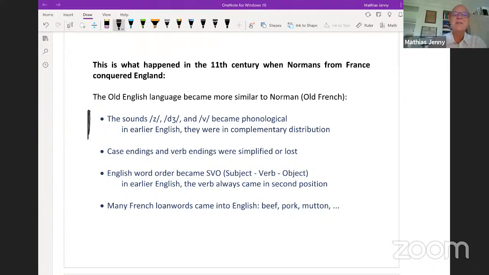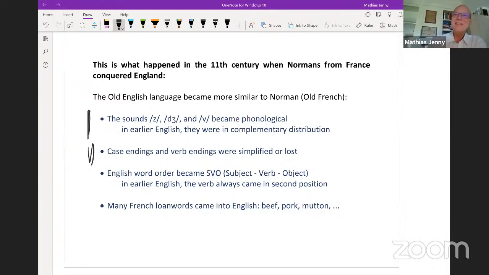In English, the sounds za and ja and va became phonological. They came to be used to distinguish words. They were not phonological before that. The sounds existed in English, but they only occurred spontaneously in some contexts. But with the introduction of French, these became real phonemes due to French influence.